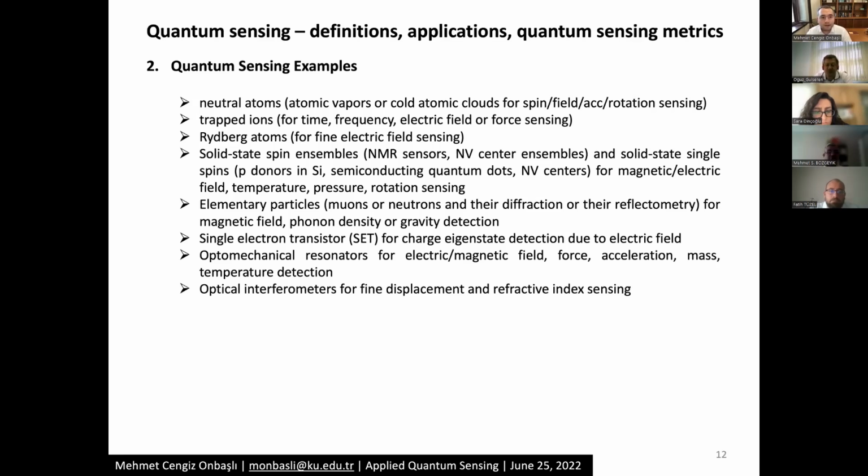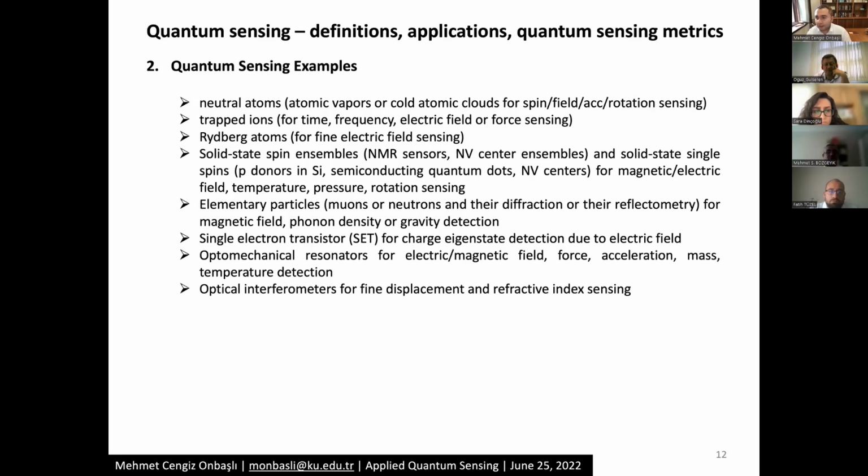And there are also elementary particle detectors, like fundamental limits that can be detected for gravity or other types of effects. And we can also use a single electron transistor for detection of electric field down to the Heisenberg limit, provided we satisfy some conditions.